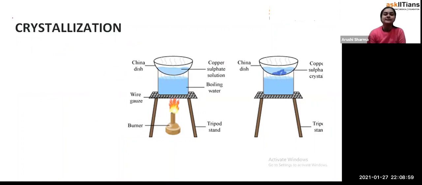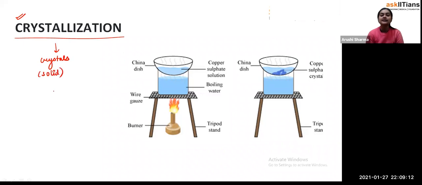So now the next method is crystallization. My dear students, what happens in crystallization? We form crystals. Crystals are solid things. Evaporation is used for volatile and non-volatile substances, where we are just left with the non-volatile thing.